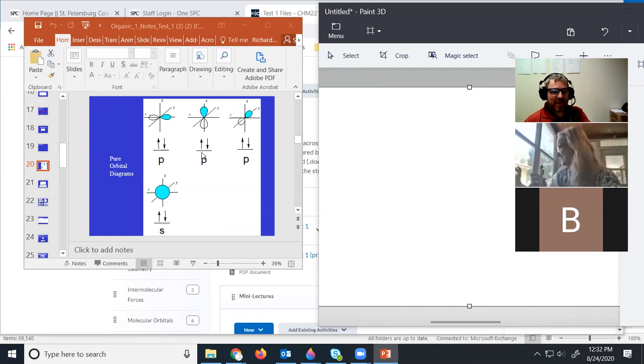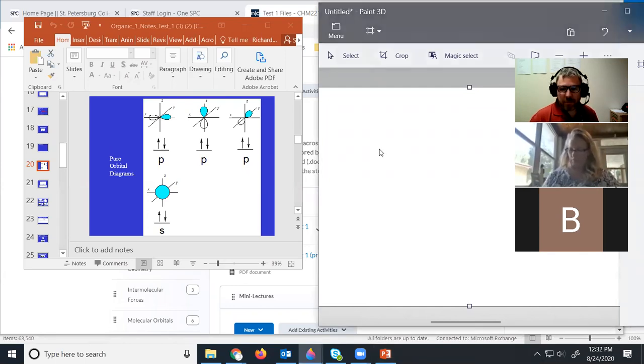All right. So we're going through S orbitals and P orbitals, and this is back from General Chem 1, Intro Chem. You would have looked at orbitals. What are orbitals? Orbitals are spaces or volumes where we can expect to find certain energy levels of electrons.